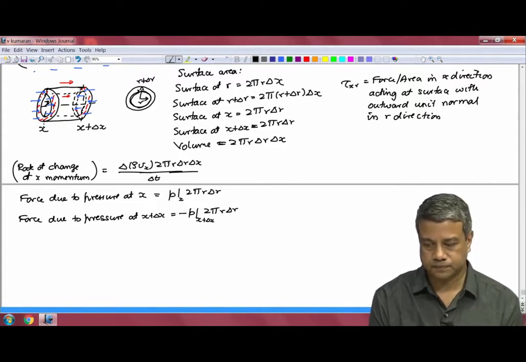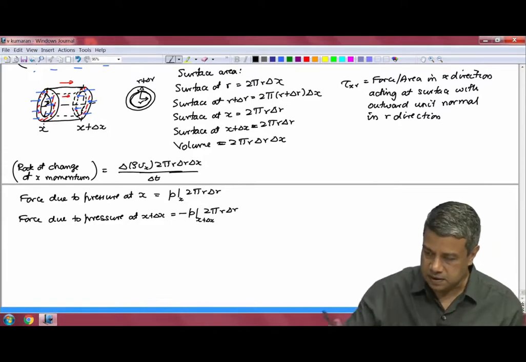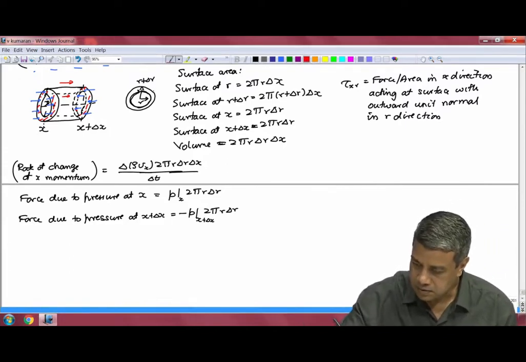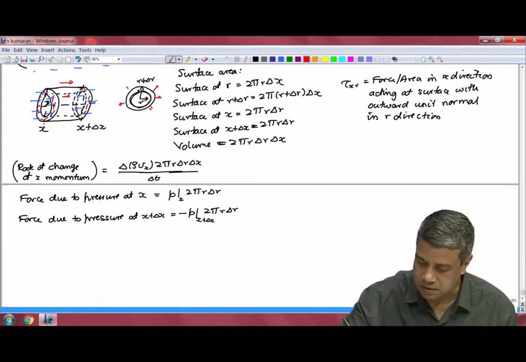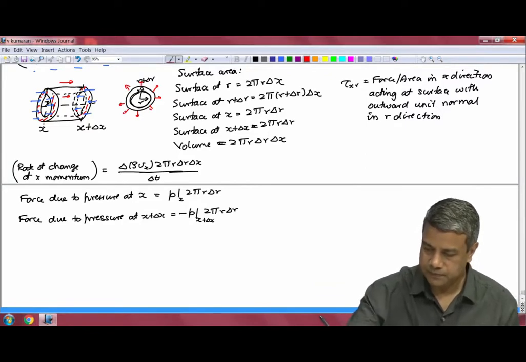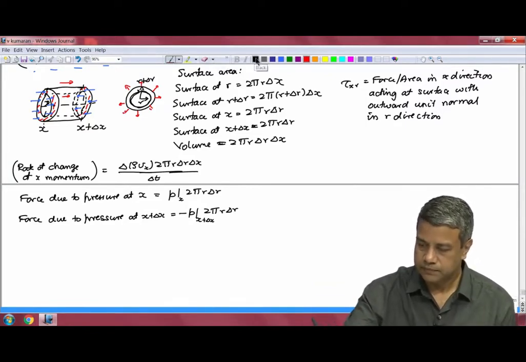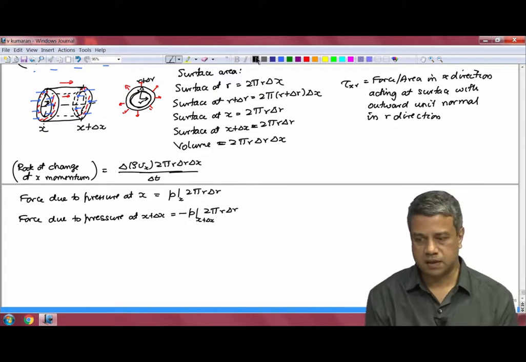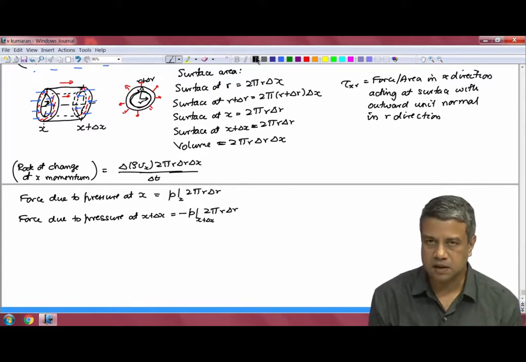That was the definition we used for the shear stress. At the surface at r plus delta r, the outward unit normal is in the r direction.